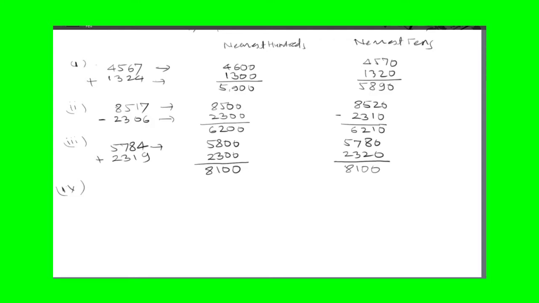Example 4. 6,157 minus 3,126. So for nearest hundreds, 6,157 becomes 6,200. And 3,126 becomes 3,100.